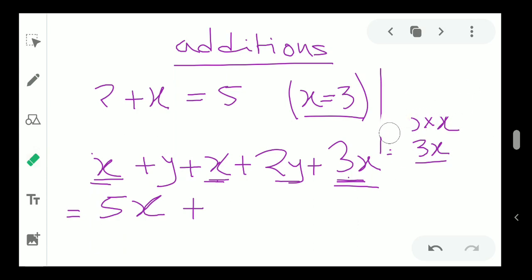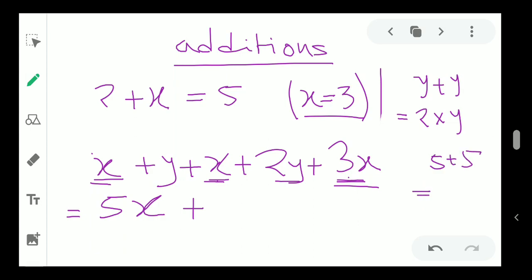For those who have not understood, if we just think of y plus y, we can write immediately 2 into y. Like 5 plus 5, we can write 5 into 2, that is 10, and we know that 5 plus 5 is also 10. So multiplication is the short form of addition.